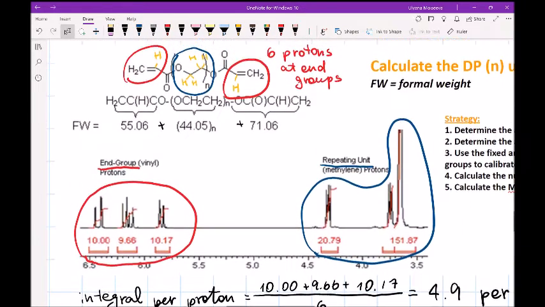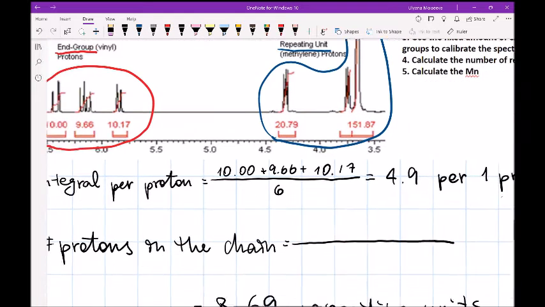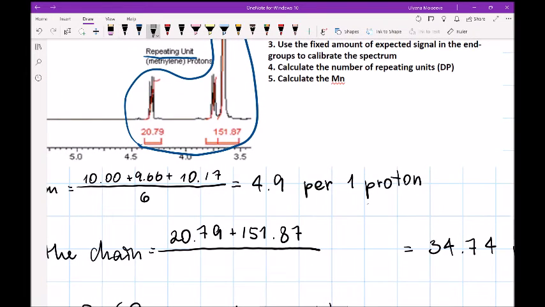Then let's take a look at our repeating unit. In total, we have this number. So let's add it up to find the total integral. That would be 20.79 plus 151.87 integral over 4.9 integral per proton.